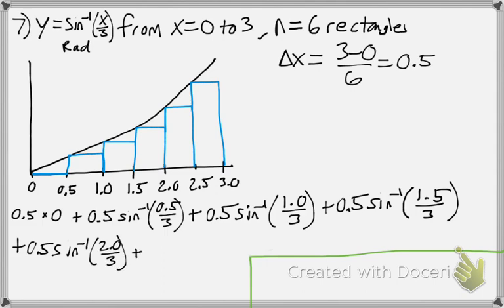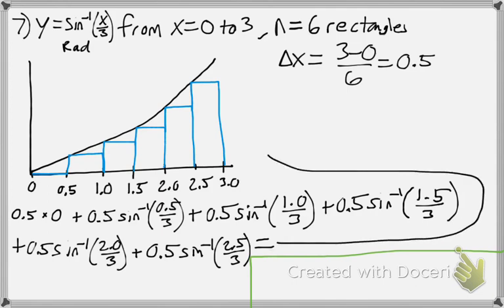Again, we're doing this because we only want to round once at the end. Otherwise, our answer is going to be way off if we keep rounding on each of these numbers. So this should be equal to, let me put this up here.